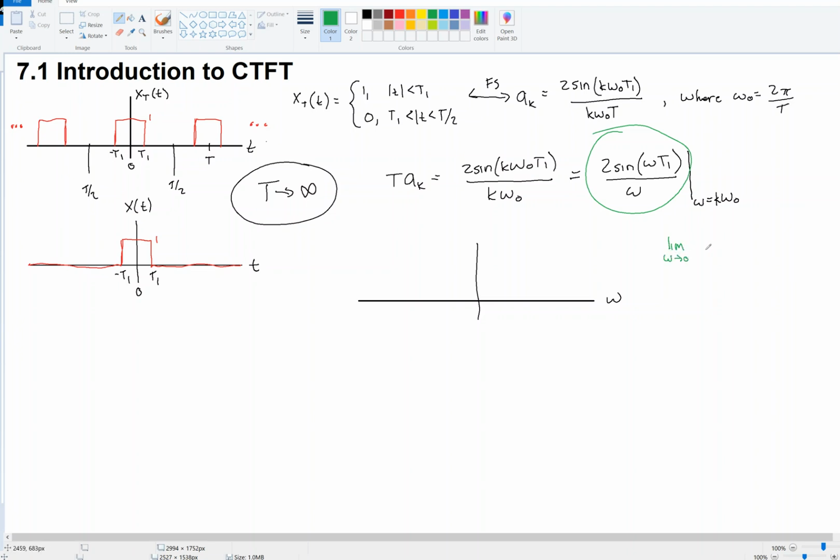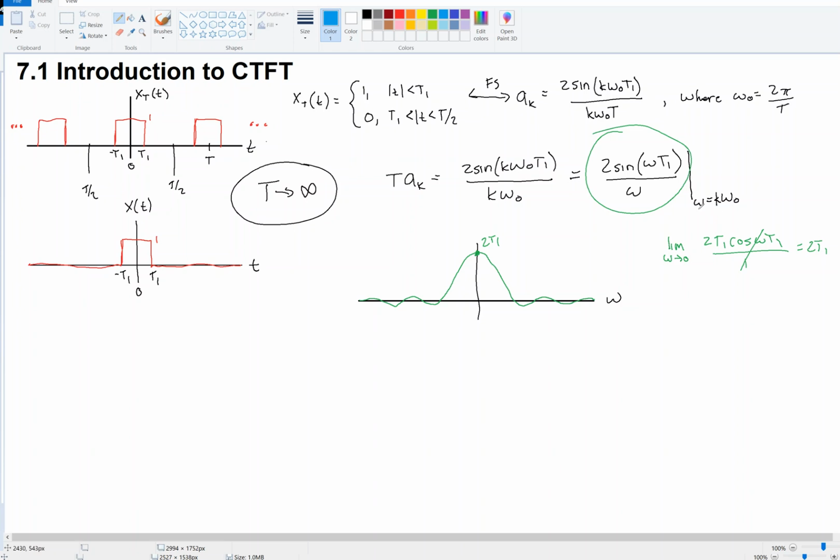If we take the derivative of the top, that would be 2t1 cosine of omega t1 over 1, and we plug in 0, and so that gives us 2t1. So the behavior of this thing at 0 is 2t1, and then it oscillates as a sine, but its amplitude goes down versus 1 over omega, and so what you get is something that looks like this. Okay, so that's the plot of this thing that I've circled in green.